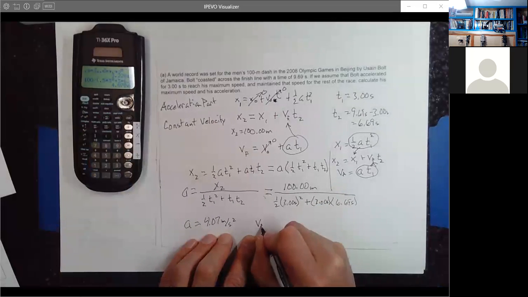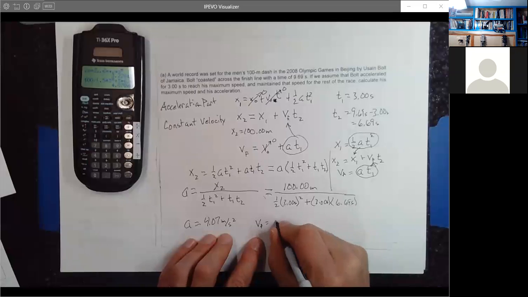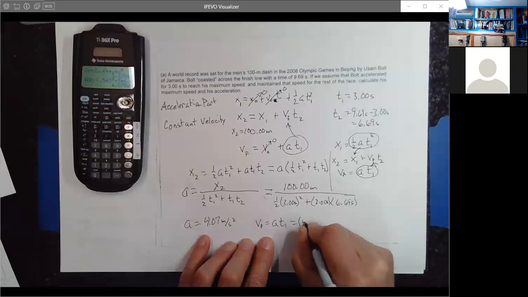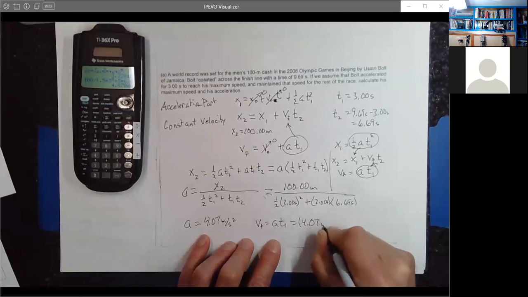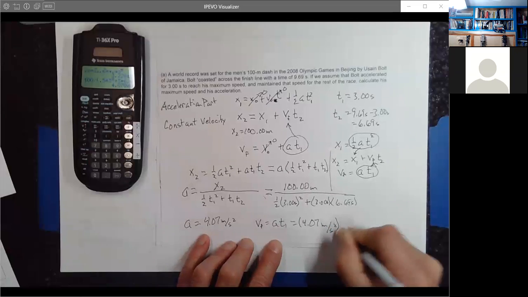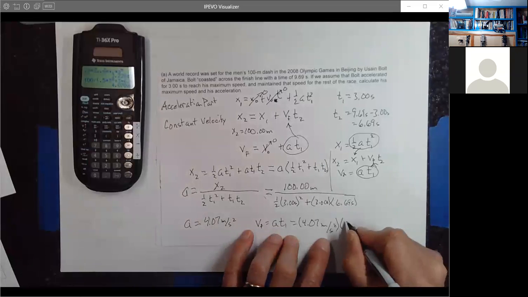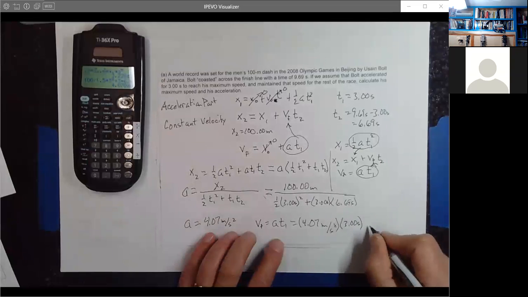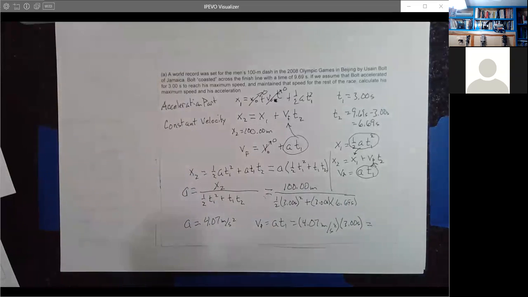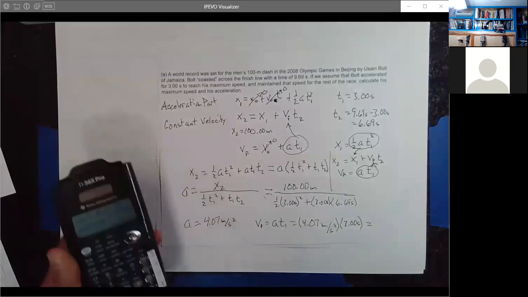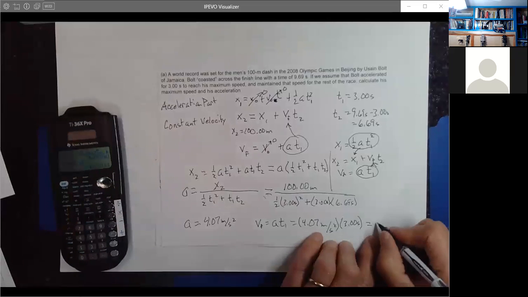It is going to be at1, which will be 4.07 meters per second squared, times t1, which was the 3.00 seconds. And I get 12.2 meters per second.